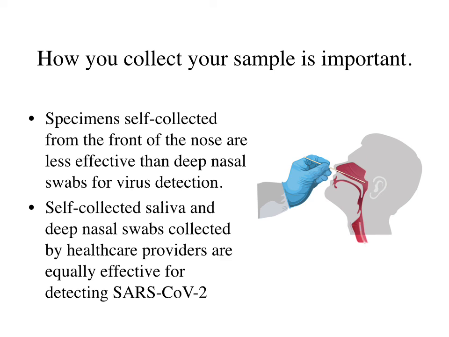But when you use saliva samples, it's essentially just as effective as a deep nasal swab, and I think spitting in a tube would be probably preferable to having somebody shove one of those test swabs all the way up your nose.